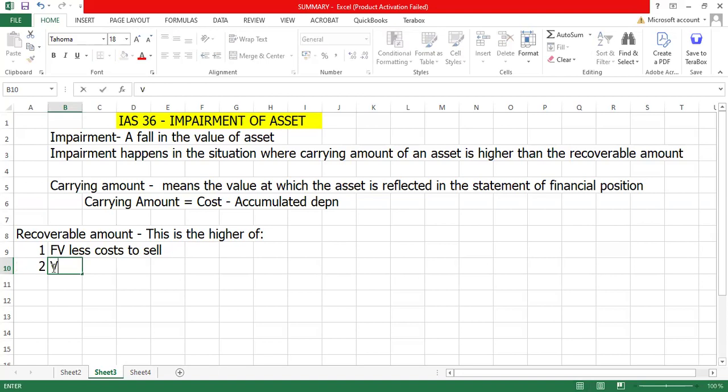Then number two, you look at the value in use. And what is the value in use? This is the present value of the future cash flow expected from the asset.